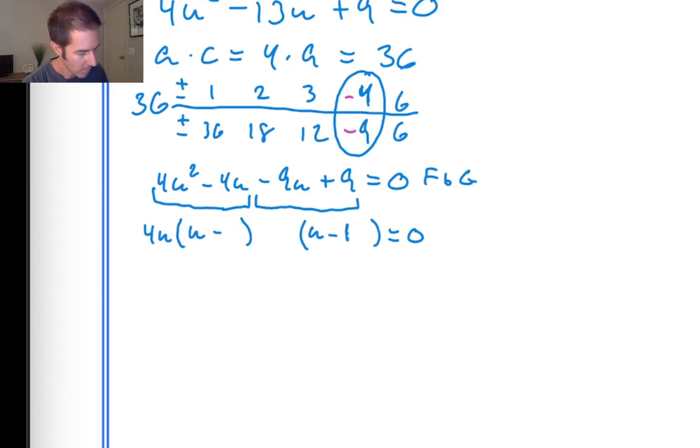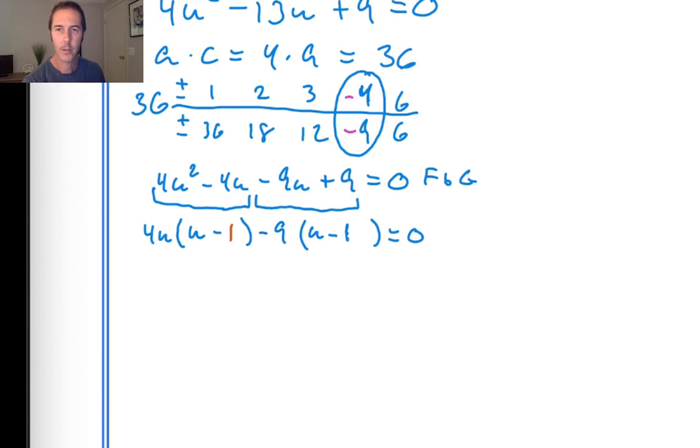That was wrong. This needs to be a positive 1. So please make that correction. I want this second set of parentheses to be a u minus 1, so what do I need to factor out of these two terms in order to make that happen? And the answer is a negative 9.